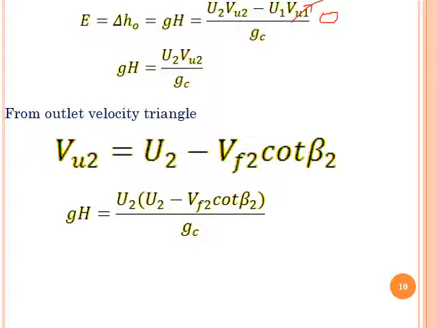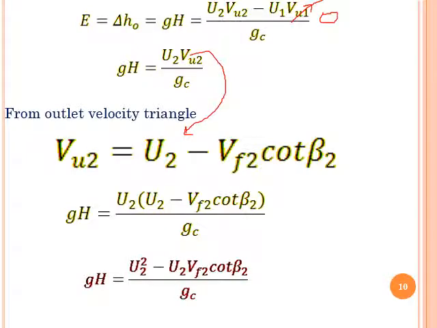So now the energy head expression becomes gH is equals to, instead of Vu2, substitute U2 minus Vf2 cot beta 2 here, over Gc. So that is equals to U2 multiplied with this, that is U2 square, and once again multiplied with this term, that is U2 Vf2 cot beta 2 by Gc.